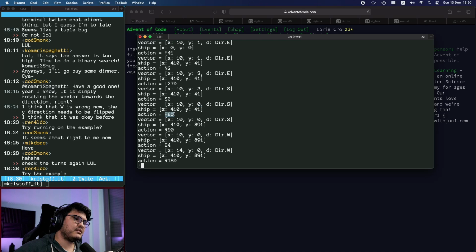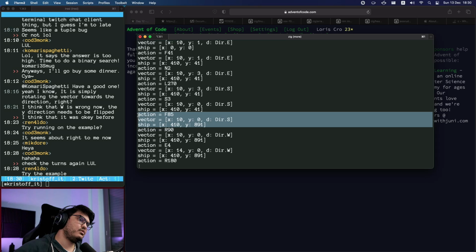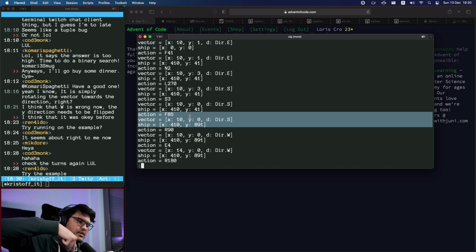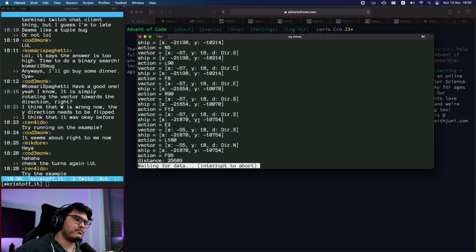Forward 85. Why is forward 85? Oh, okay, right, because forward 85 with the vector pointing down means go down a lot, since the y component is 0.